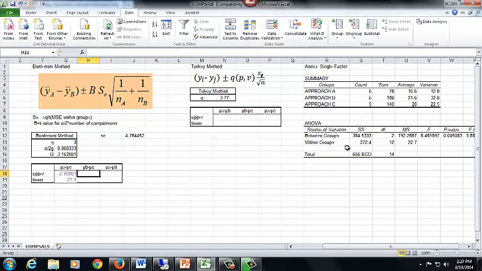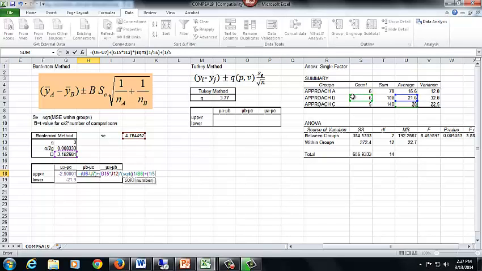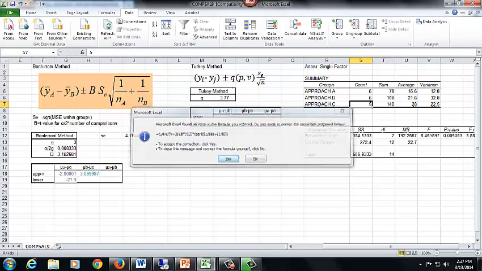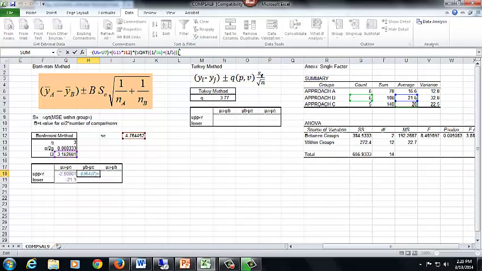Now I'm going to go in and do B minus C. Okay, so the average of B minus the average of C, plus B times my standard error times the square root of 1 over 5 for approach B plus 1 over 5 for approach C. Okay, and I actually typed a 5 in there accidentally.